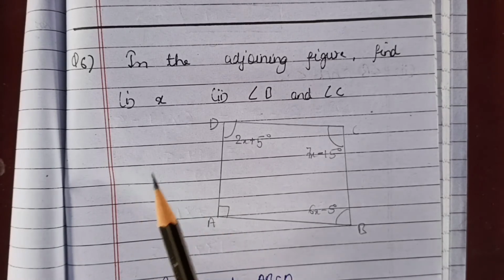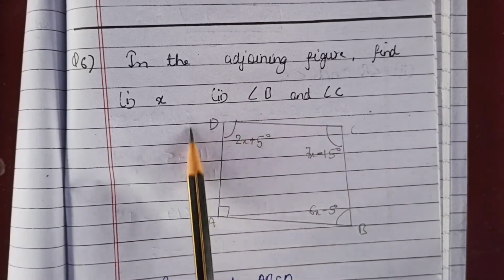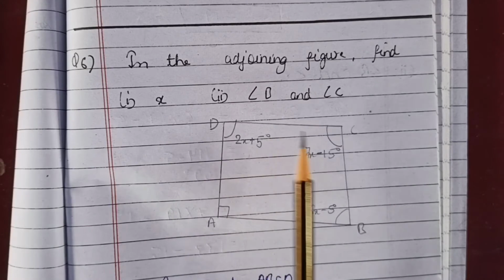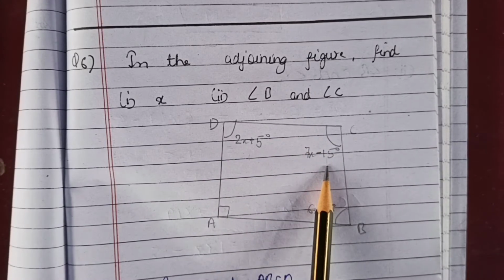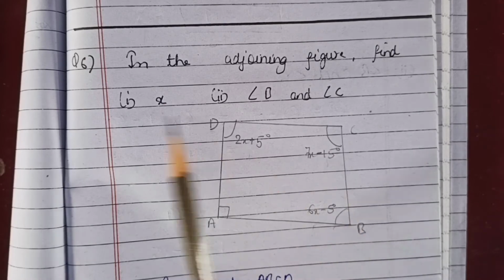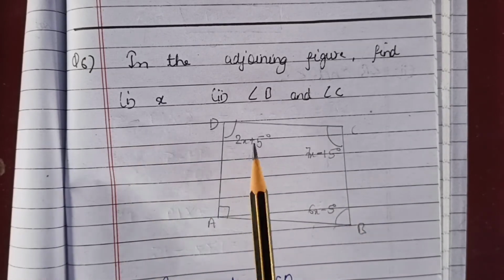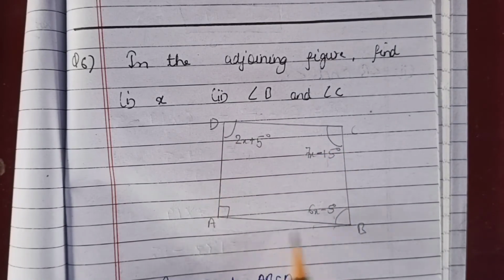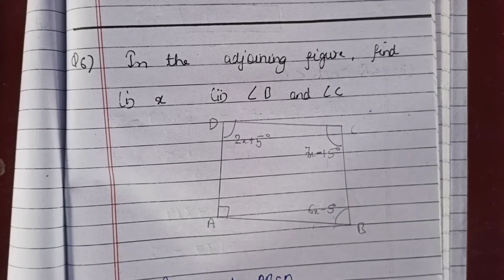Now come to question number 6. In the adjoining figure, this is the figure given. It means this is a quadrilateral because four angles are there. This is 90 degree. Angle D is 2x plus 5, angle C is 7x minus 15 and angle B is 6x minus 5 degree. First you have to find the value of x, then after that you will find angle B and angle C. First of all, we will add all the four angles and it should be equal to 360 degree according to the theorem.